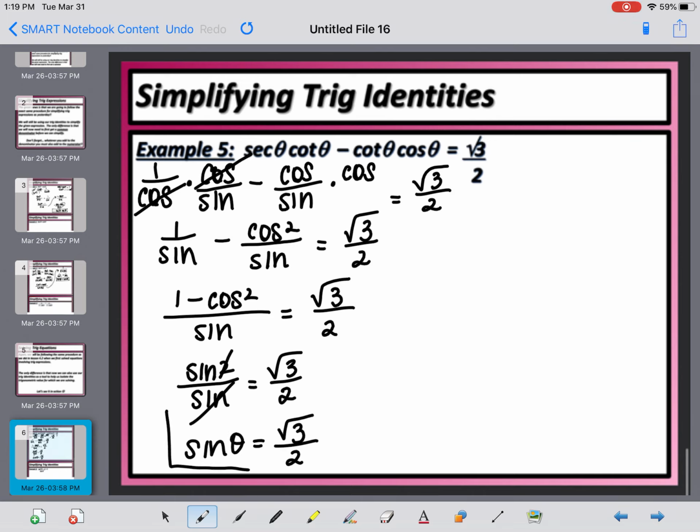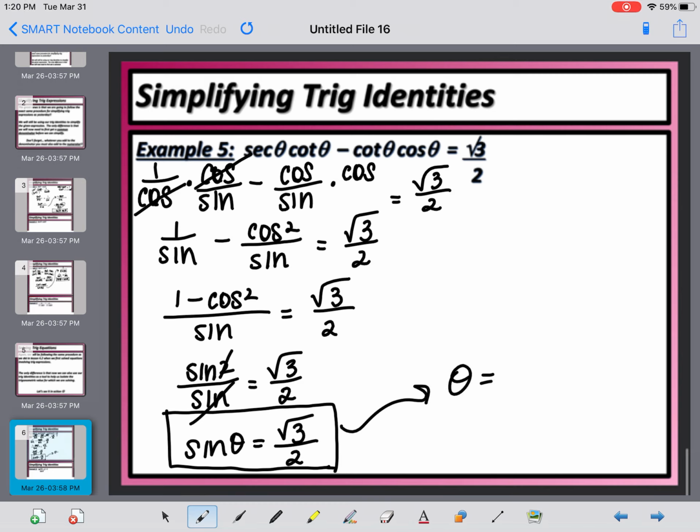So now I'm trying to solve this equation. Sine of theta equals root 3 over 2. So I'm going to go to my chart, and in the sine row, I'm going to look for root 3 over 2 and figure out, well, what theta is that?